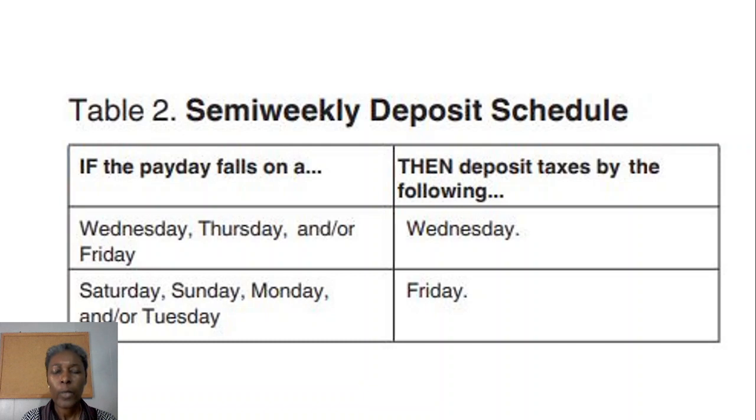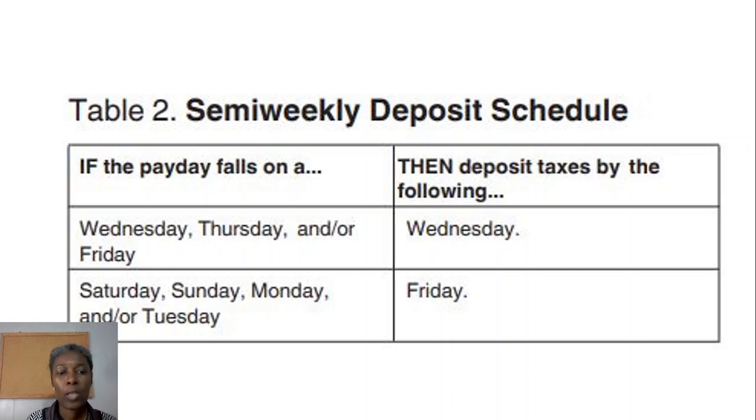But anyway, if you are a semi-weekly scheduled depositor, what schedule do you follow? We have this table from the IRS Publication 15, Section 11. If you pay wages on Wednesday, Thursday, or Friday, you deposit your tax liability by Wednesday.